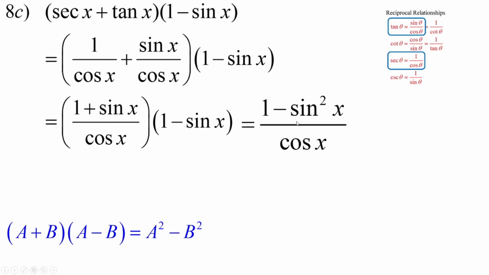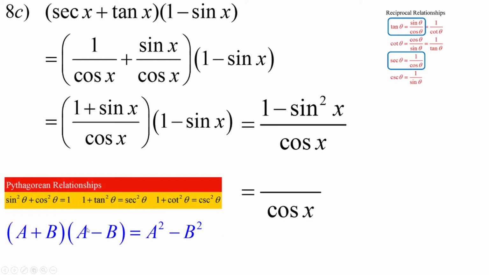Okay? And again, this is one of our most important identities right here because we get it from the Pythagorean relationships. So you see the first one, sine squared of theta plus cos squared of theta equals 1. Well, if I subtract sine squared from both sides, I get cos squared of theta equals 1 minus sine squared of theta.